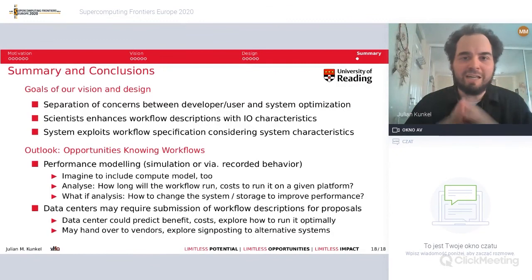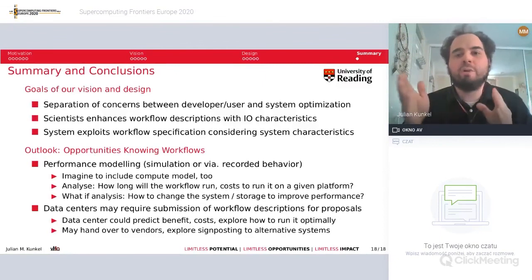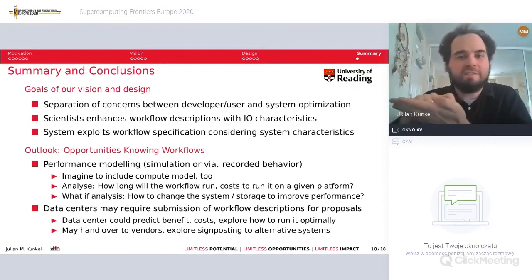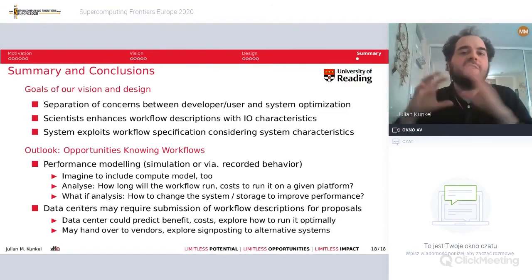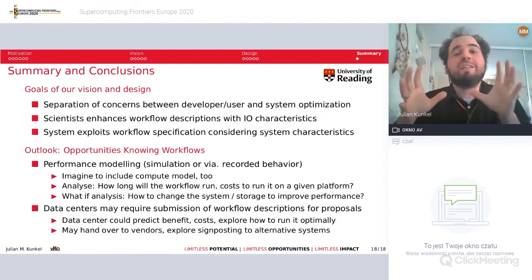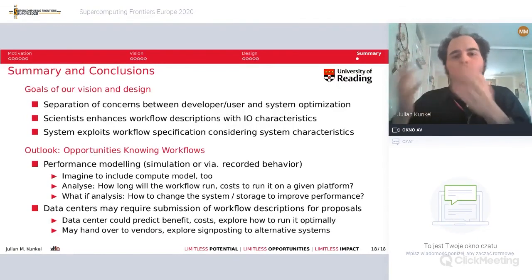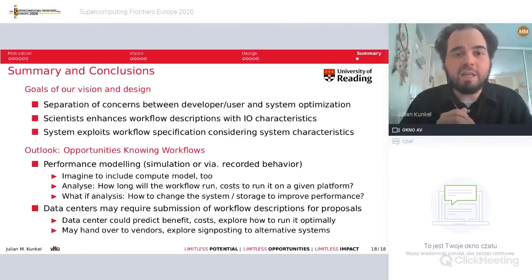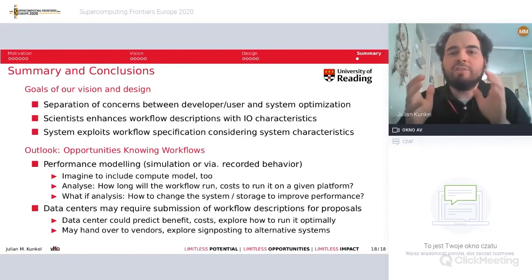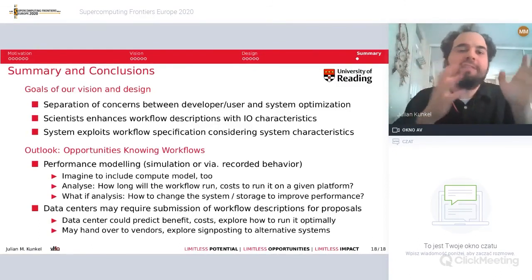And I personally think, I may be convinced otherwise, that in the long term, instead of just asking for a certain CPU amount and making a math, I need this many CPU hours, I need this storage space for these reasons, I really wish that we have this high-level workflow description that needs to be submitted by the scientist, and then the data center can say, oh, yeah, this looks really great. However, DKRZ isn't perfectly well suited to run it.